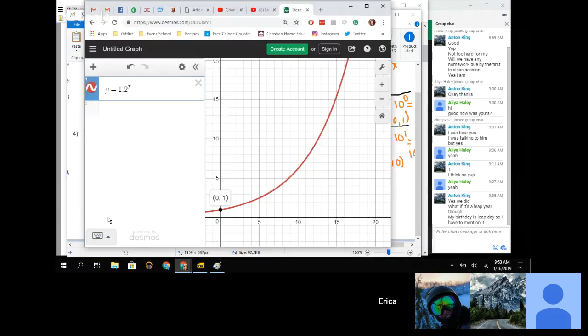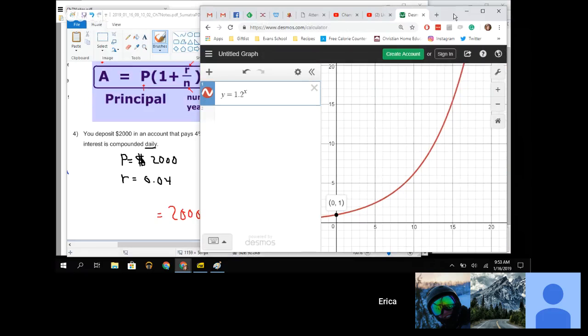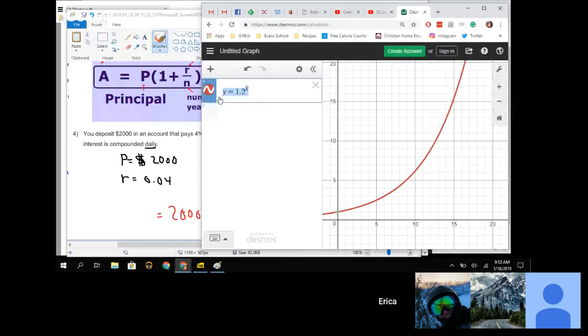I am going to use my calculator to help me out. So I have $2,000 times 1 plus 0.04 divided by 365 and my parentheses, and it goes to 3 years. 3 years times 365 days.